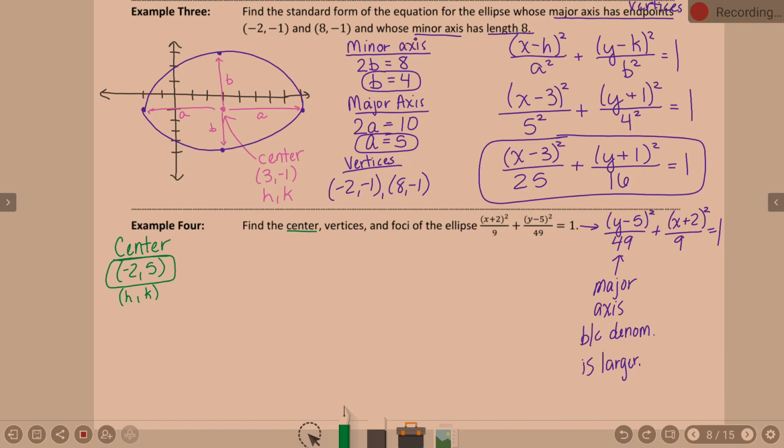Okay. Let me write out, before we go too much farther, what is the formula for vertices that I'm going to be filling in so we can see what information we need? H, comma, K plus or minus A, because remember, we decided Y comes first. This is a right column problem. Feel free to write right column on your paper if you need to. And while we're here, what is my formula for foci also?